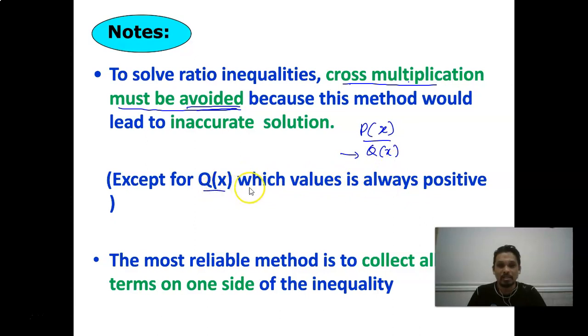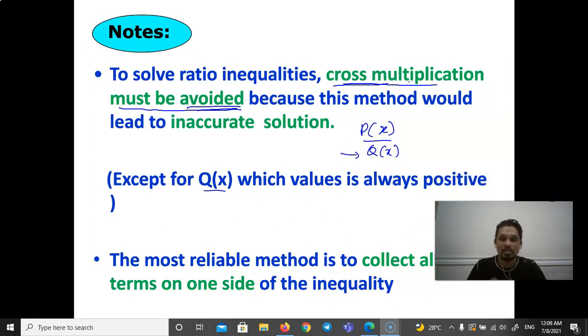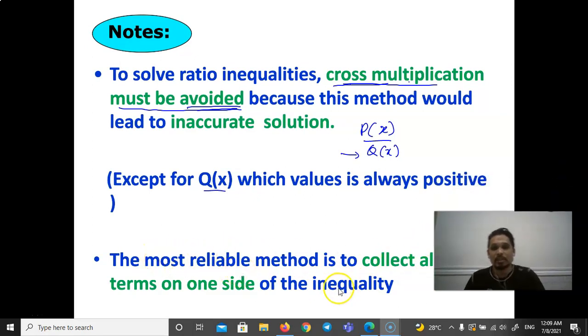If q(x) is always positive, then we are allowed to use this method of cross multiplication. So the most reliable method is to collect all the terms on one side of the inequality. Okay, what's the meaning of this statement here?